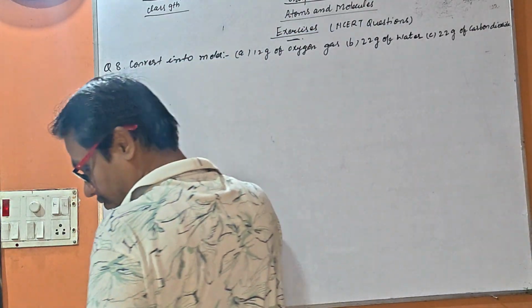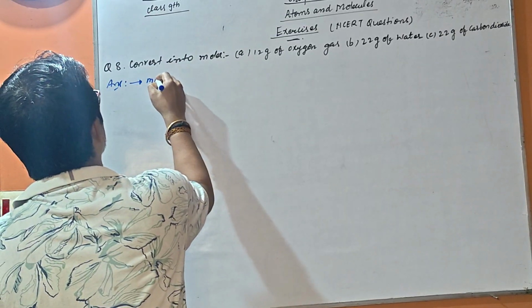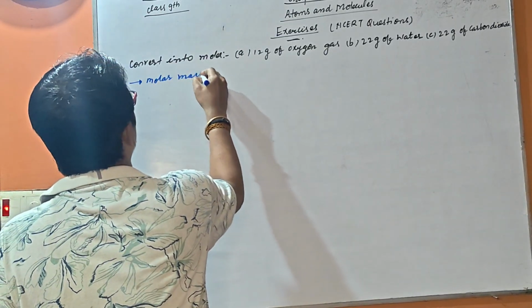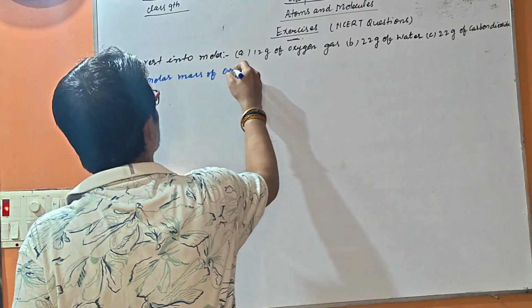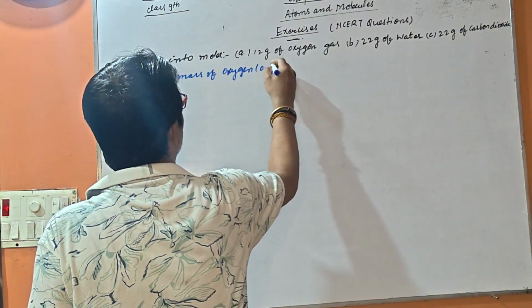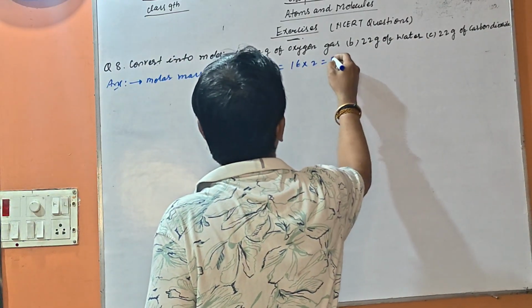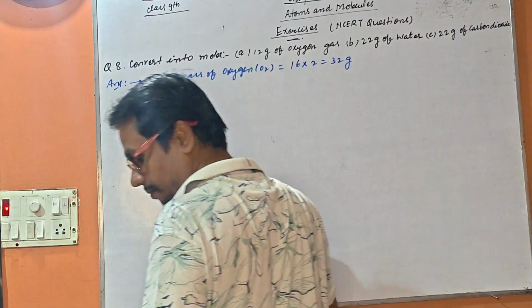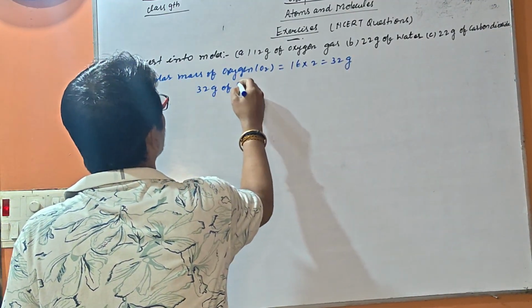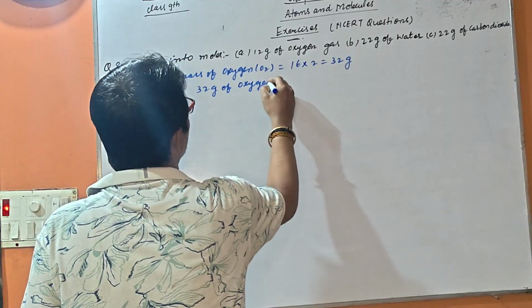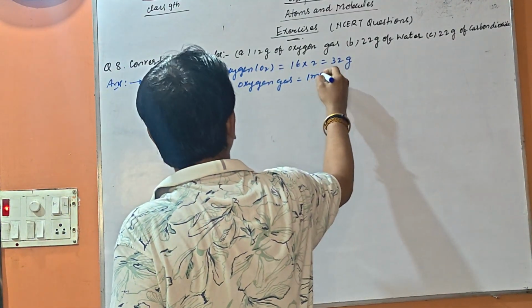Question number 8. Molar mass of oxygen O2 is equal to 16 into 2, which is 32 gram. After that, 32 gram of oxygen gas is equal to 1 mole.